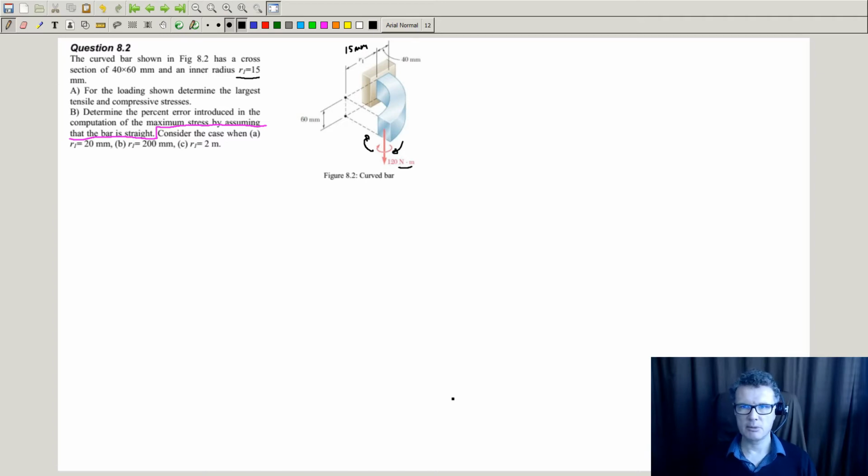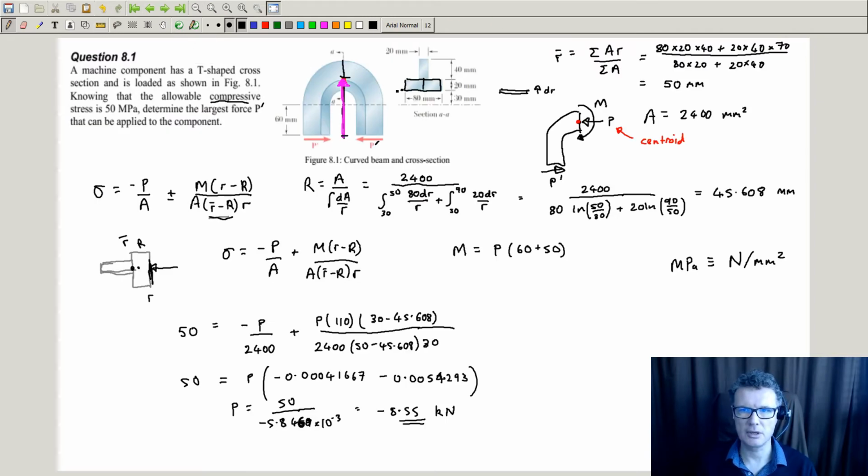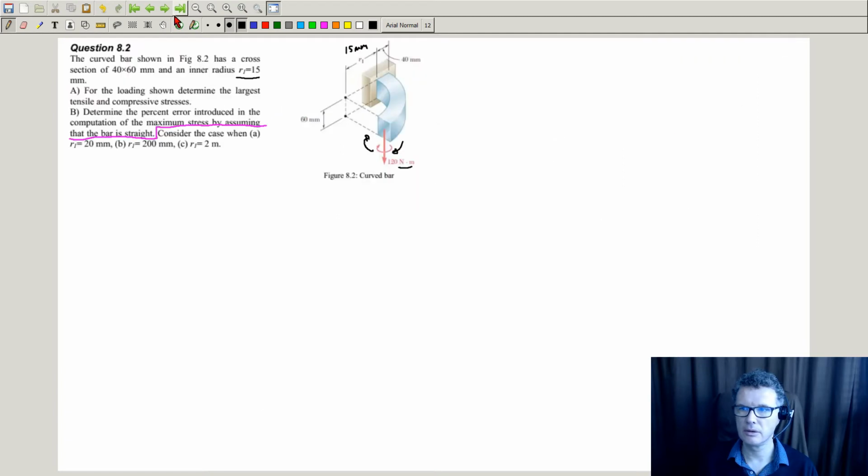How am I going to approach these problems? Let's go through the approach that we did last time. So let's start with what we did up here. The centroid is going to be what? 15 plus half of 40, so that's 20.